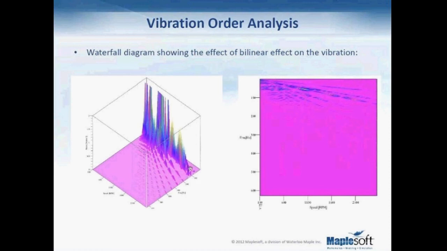By looking at this first plot, you can see that order 1, order 2 and order 3 contributed the most to the overall vibrations, and the contribution of the high orders, after order 4 or 5, is nearly negligible. The second plot on the right-hand side shows a color map representation of the first plot on the left-hand side.